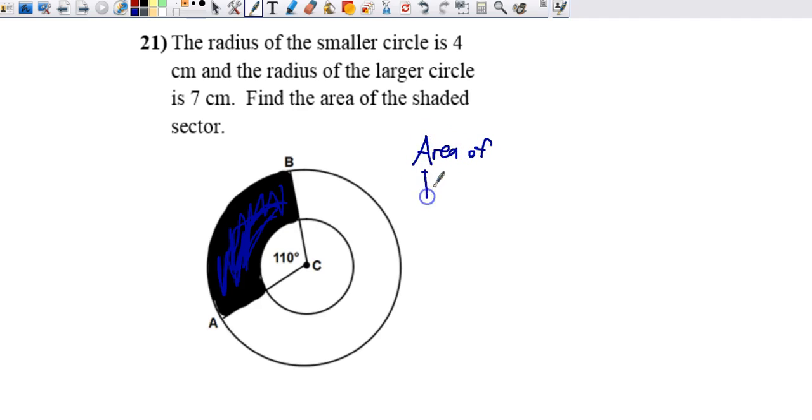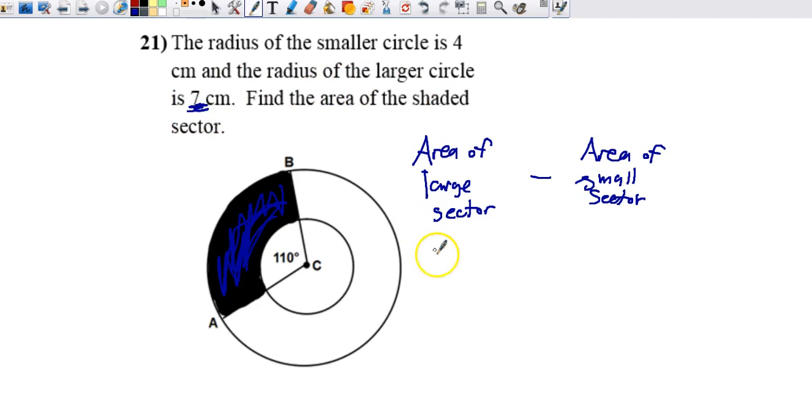Area of the large sector, and we're going to subtract area of the small sector. So the small is, think of this portion of it being removed from the whole thing, and that's why we subtract.